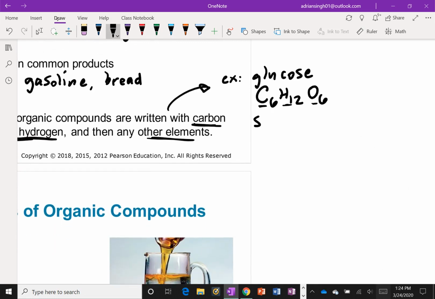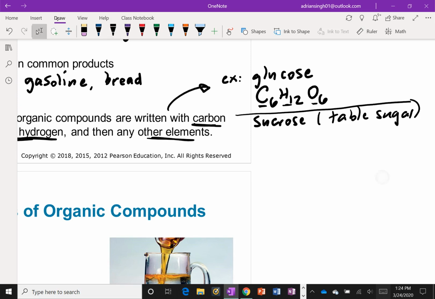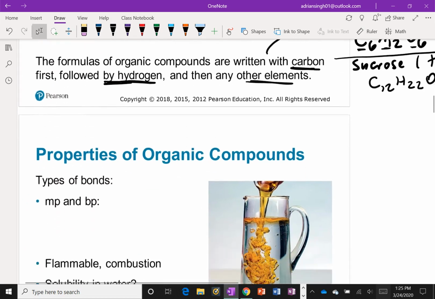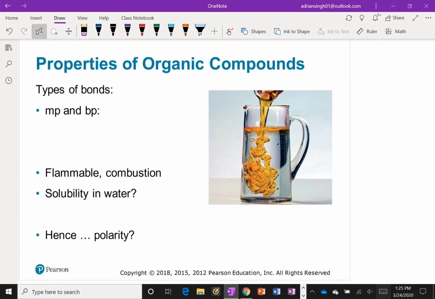Similarly, something like sucrose, which is just the technical name for table sugar, belongs to the same family as glucose. It has the chemical formula C12H22O11. So that's going to be the general way that we're going to write the formulas for our organic compounds. What are some of the characteristics of our organic compounds?